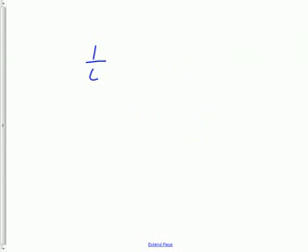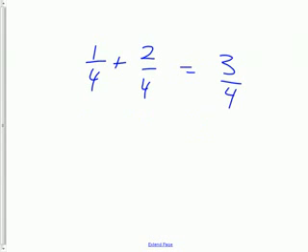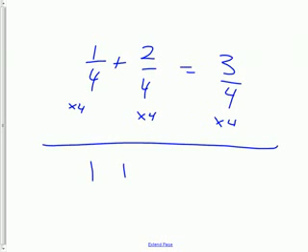Well, if you had a problem like this, 1/4 plus 2/4 equals 3/4, and I wanted to multiply by anything I want, what number could I multiply by that would get rid of the fraction and make it like it doesn't even exist? Times by 4. Times by 4 here, here, and here. All of a sudden I got 1/4 times 4 is 1, plus 2/4 times 4 is 2, equals 3/4 times 4, which is 3. 1 plus 2 equals 3.